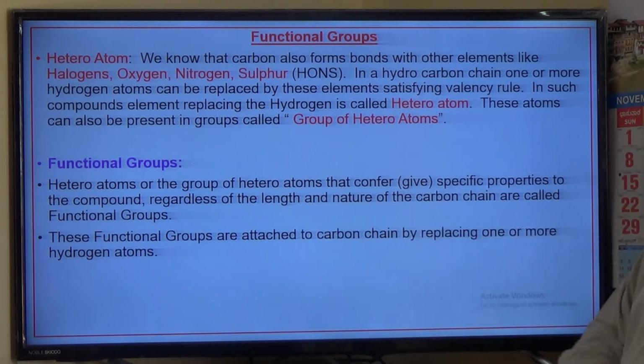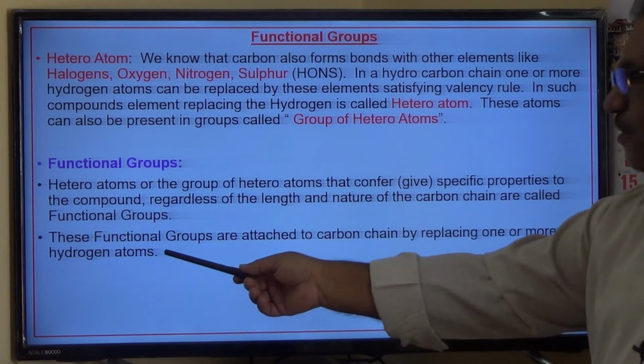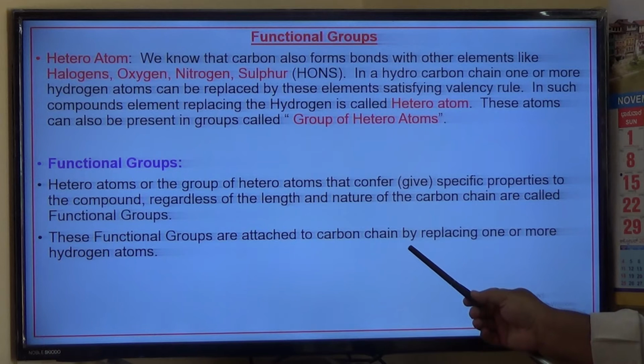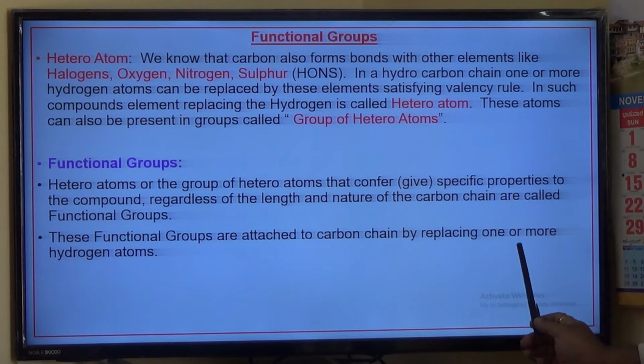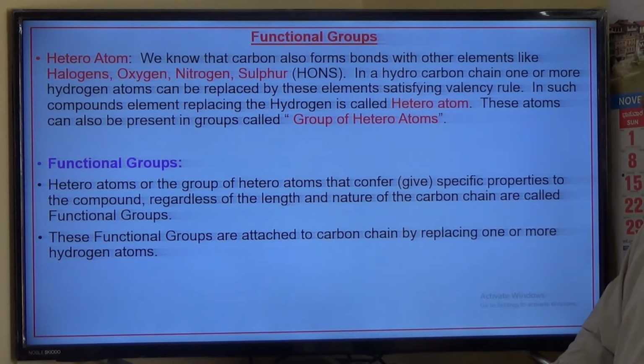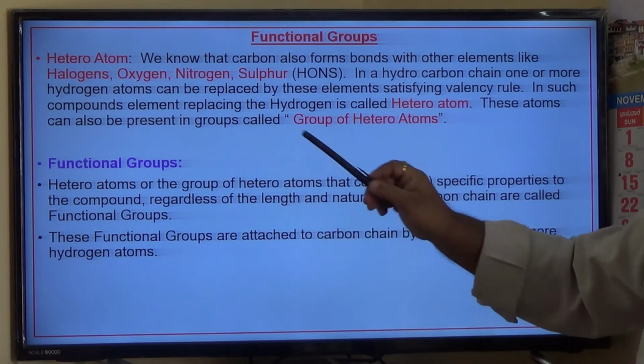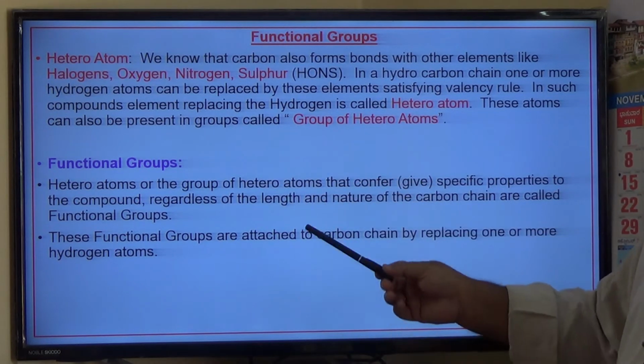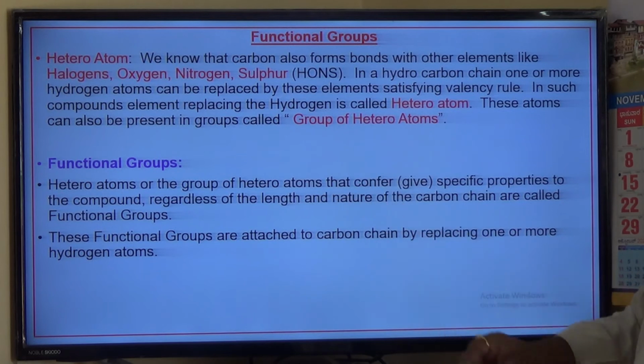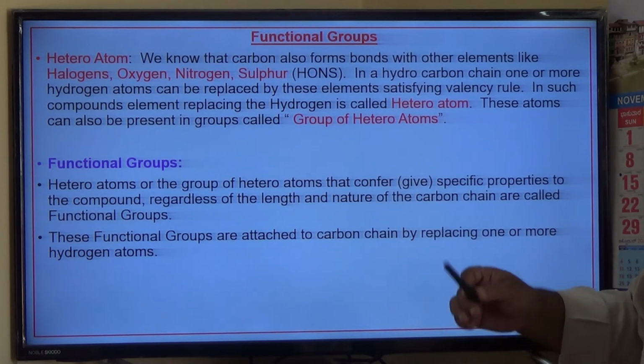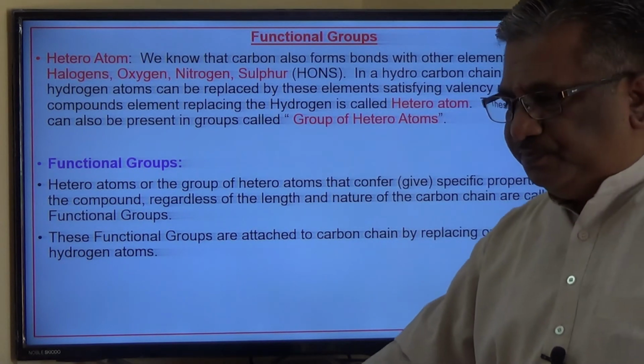How do you attach these functional groups? These functional groups are attached to the carbon chain by replacing one or more hydrogen atoms. So let us see what are the different functional groups and then the nomenclature, how those are attached to the carbon chains and how to read them.